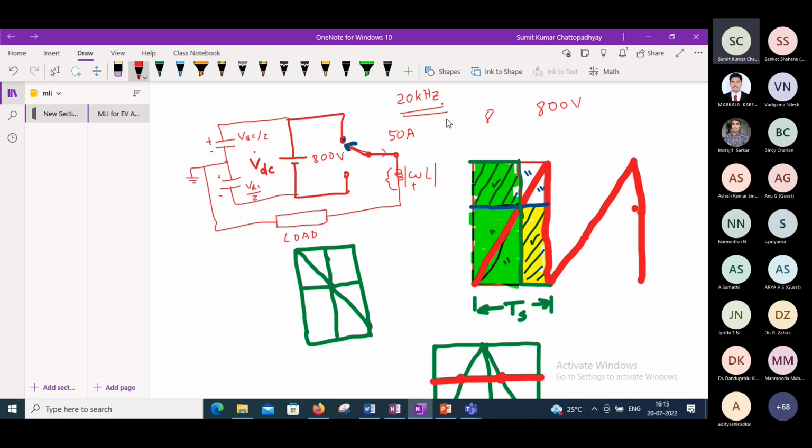If we want to limit the temperature to a decent level, below 100 degrees Celsius, with a forced air cooled heat sink, what could be the current rating of this IGBT? Anyone? Any idea?